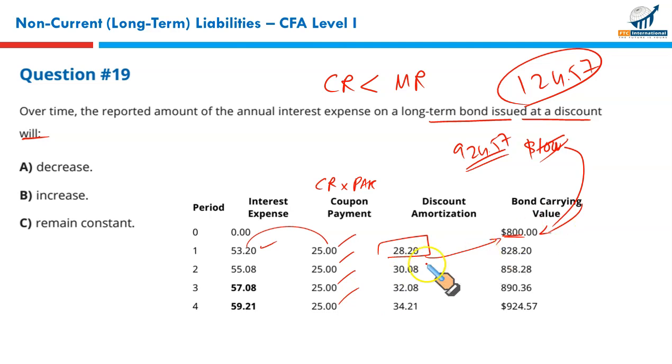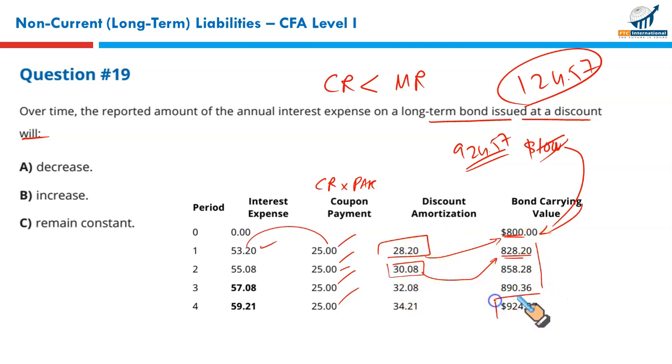Next year, interest paid is 25, but interest is charged at the new book value multiplied by the market rate, 55. The difference between what we paid, 25, versus what we charged is called the discount amortization. This amortized discount will go again to the book value. So we keep on adding this amortized discount in the book value.